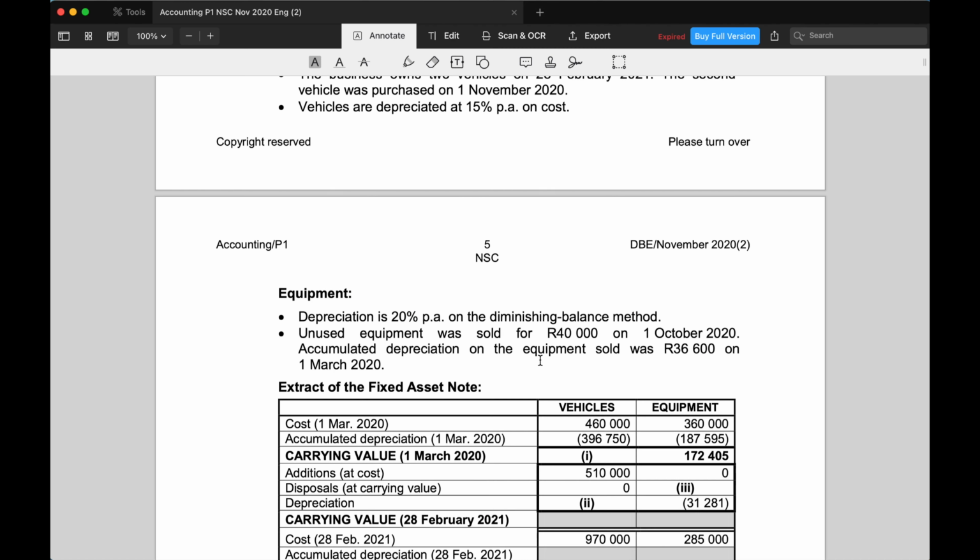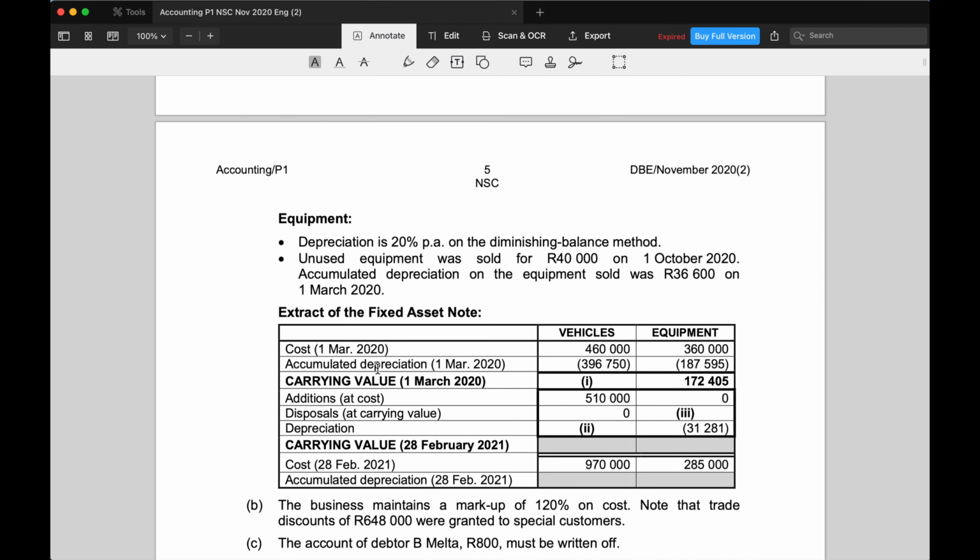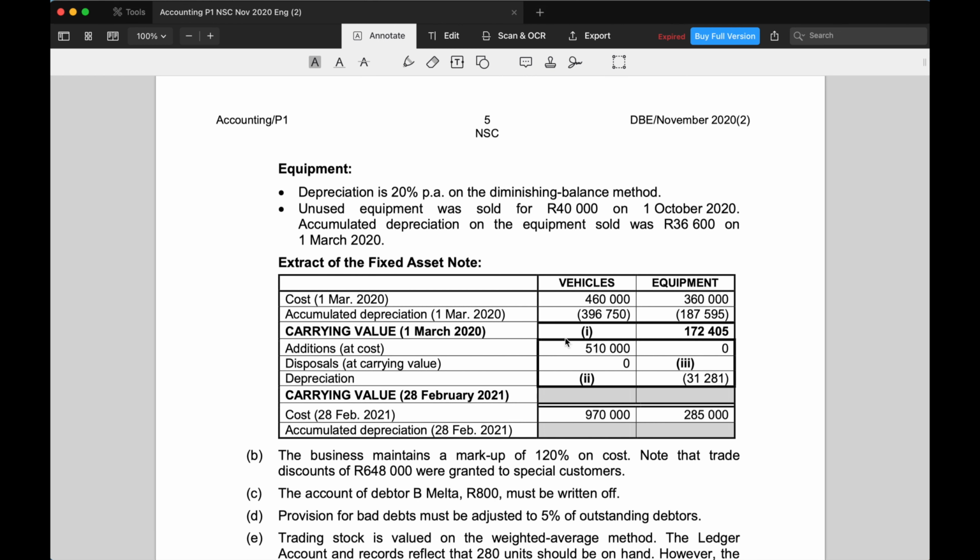Take that into account. Therefore, unused equipment, hence I'm speaking about this, is because of dates: it was sold on 1 October and the accumulated depreciation on the equipment sold was on 1 March. But let's carry on, because the question was to answer Roman figure 1 to Roman figure 3.